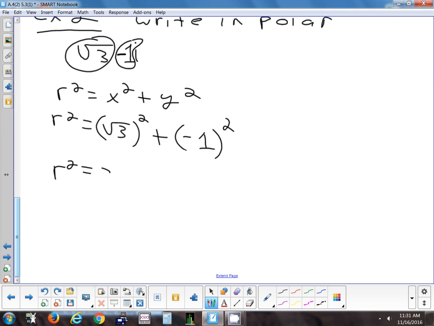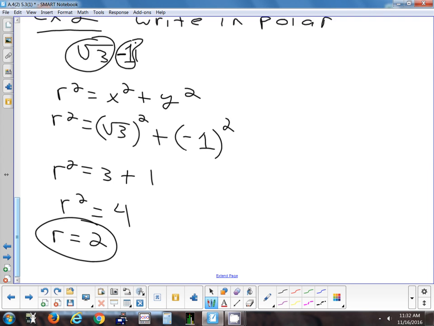And what's negative 1 times negative 1? 1. So r squared is 4. So what's my radius? 2. Yep. Now just hang on to that for a second. We'll come back to it when we write our final answer. What else do I have to find besides the radius?